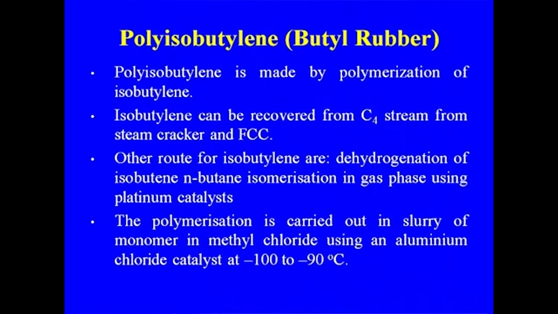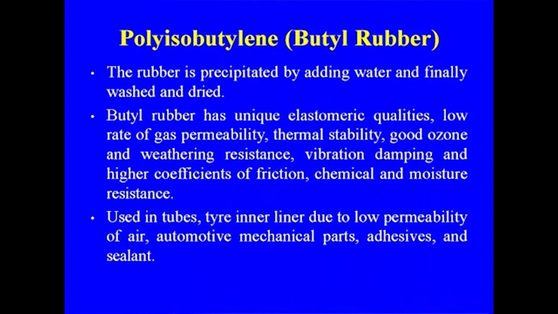The polymerization is carried out in a slurry of the monomer in methyl chloride using an aluminum chloride catalyst at minus 100 degrees to minus 90 degrees. The rubber is precipitated by adding water and finally washed and dried.